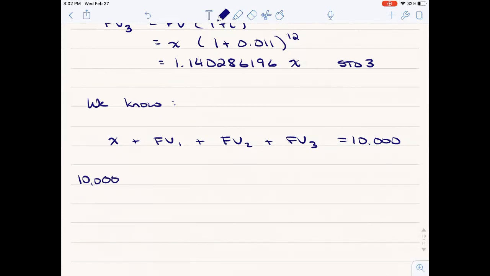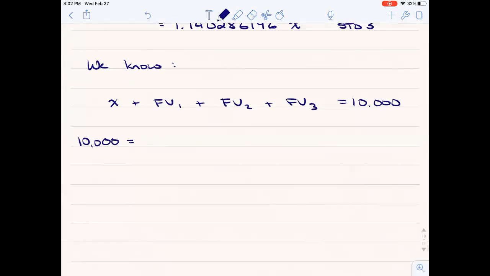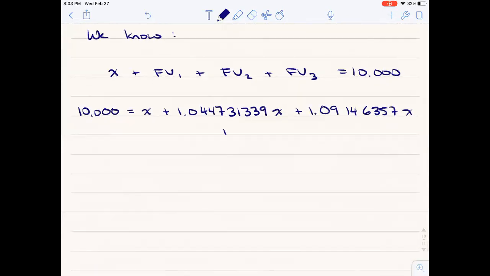So 10,000 has to equal x plus future value 1, which is 1.044731339x, plus 1.09146357x, plus 1.140286196x.